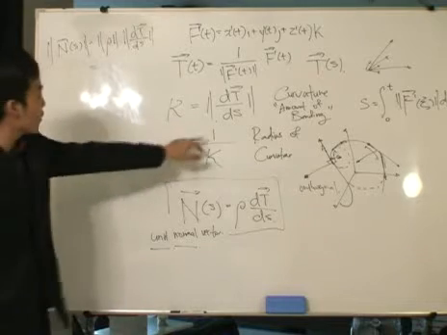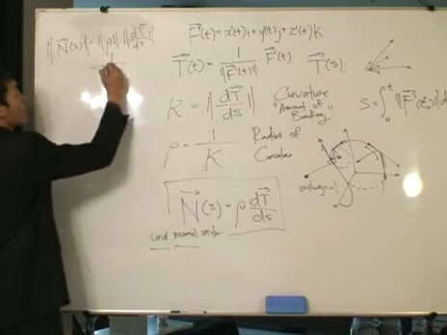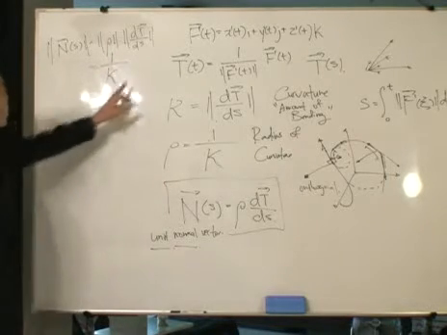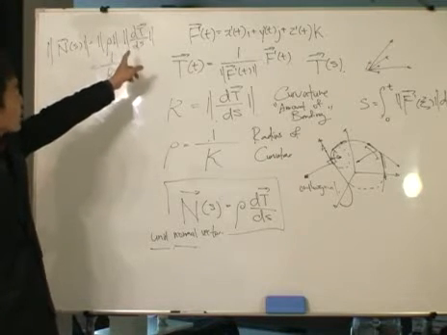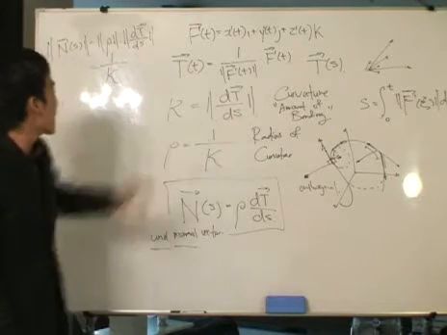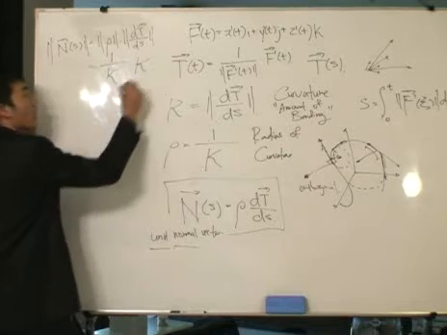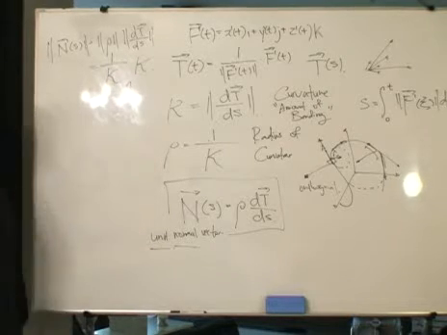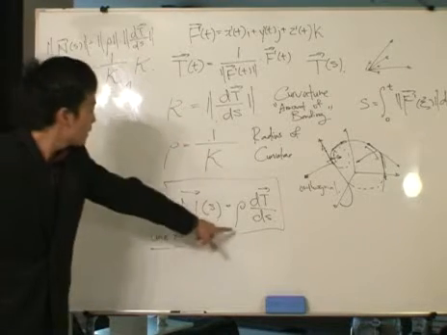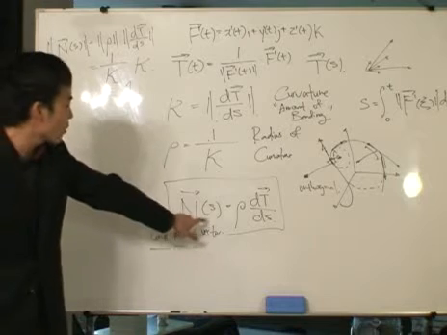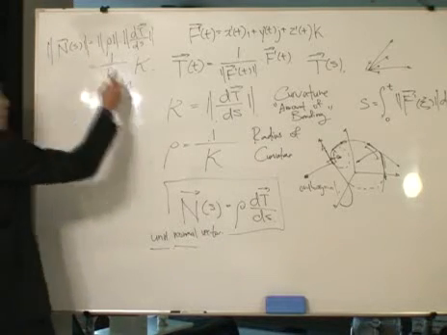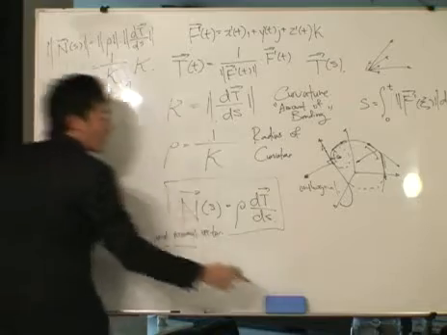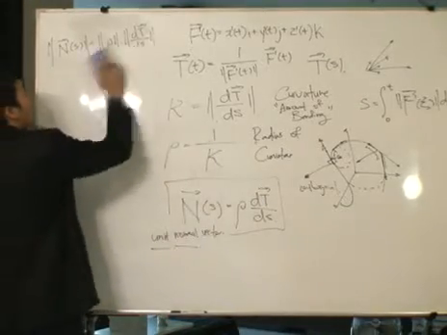Rho by definition is 1 over kappa, so we put 1 over kappa here, and the magnitude of the derivative of the unit tangent vector with respect to s is kappa itself, hence equals 1. By definition, the length of this normal vector n in terms of s is 1 over kappa times kappa, which equals 1. So we handled that part.